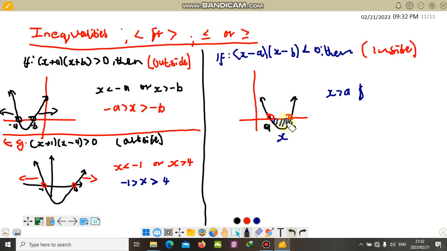So x is less than b. See that? Or you can write it as a is less than x and x is less than b. So you can write it like this, or like that.